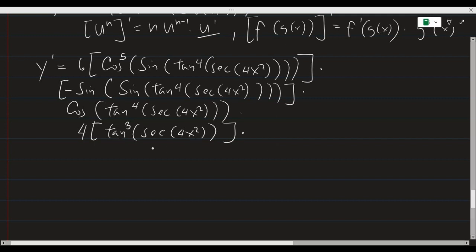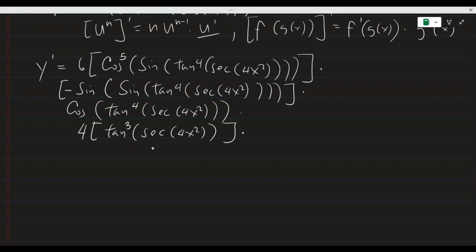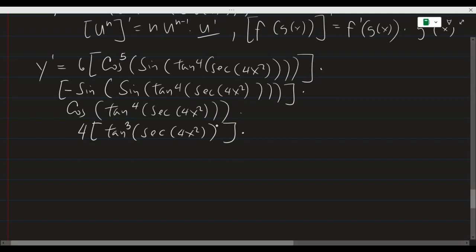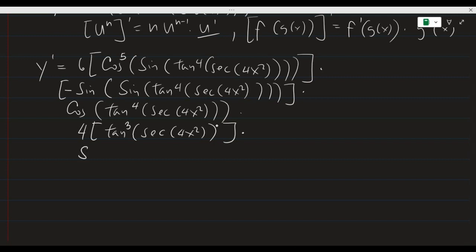The base function is tangent of secant of 4x squared, a composite function whose outer function is tangent, so the derivative of tangent is secant squared, and we keep the inside function the same, which is secant of 4x squared.